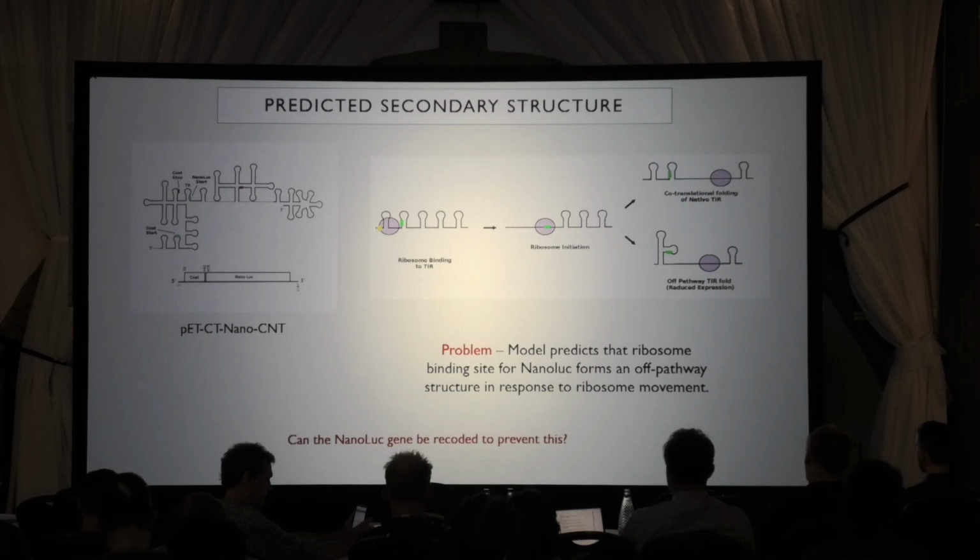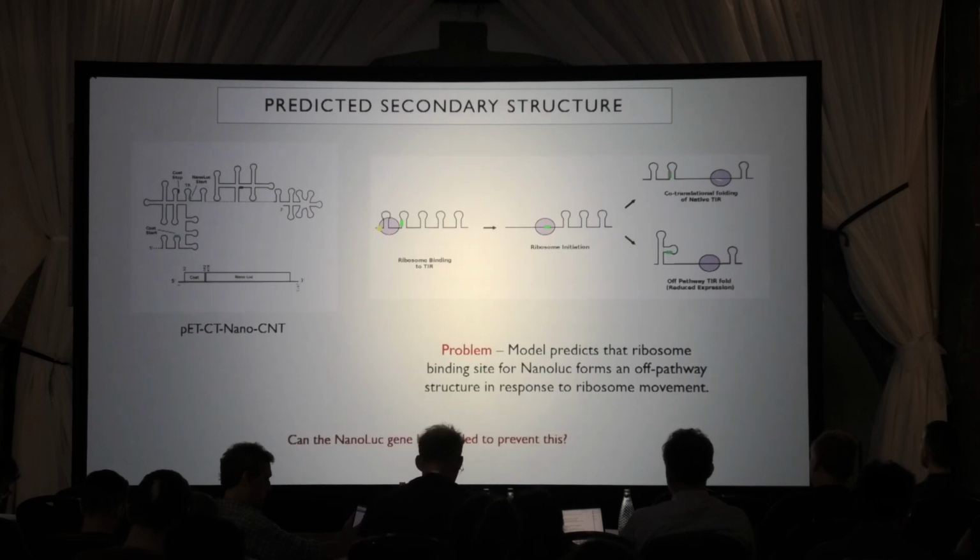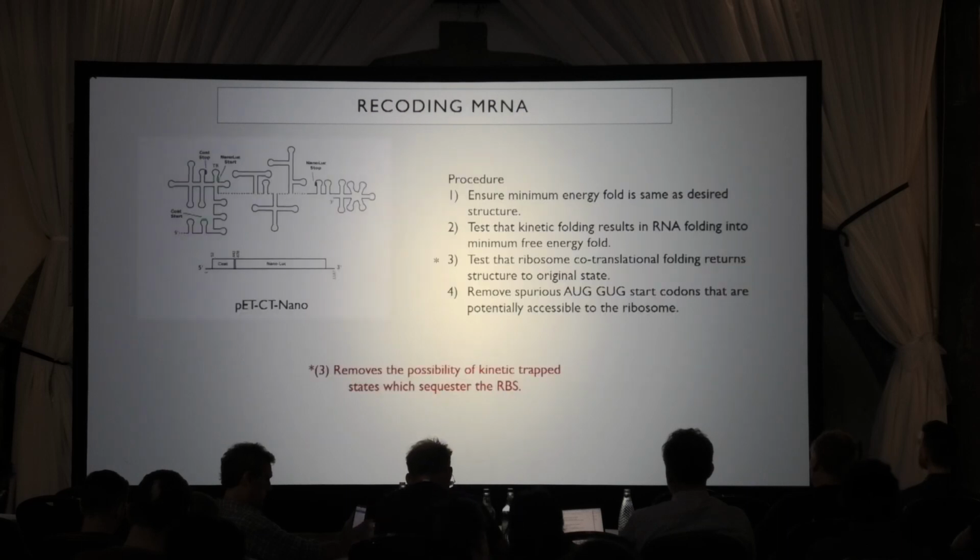So the question is, can this be fixed? Basically the idea is then to recode the messenger RNA to fix it so that we don't have that problem with the co-translational folding, and so that it always refolds into the native ribosomal binding site.